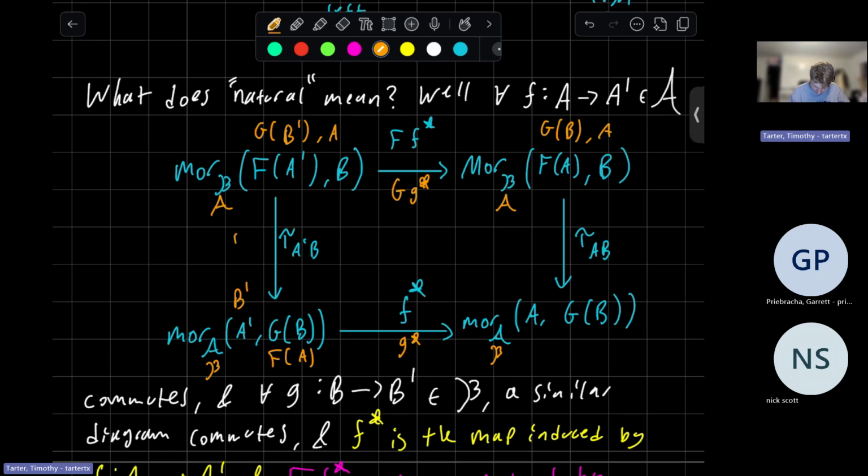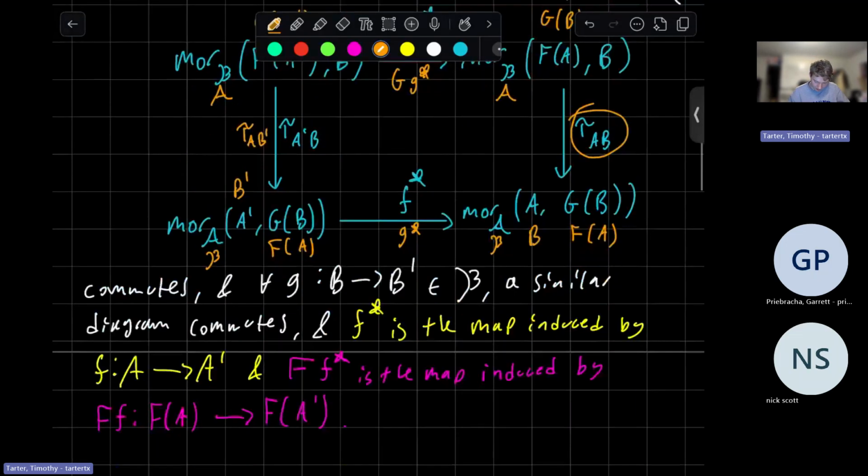The taus, I think, can stay similar. This should be tau A B prime. Tau A B can stay okay. And then here, this is as follows. And then, so the orange is the one diagram.